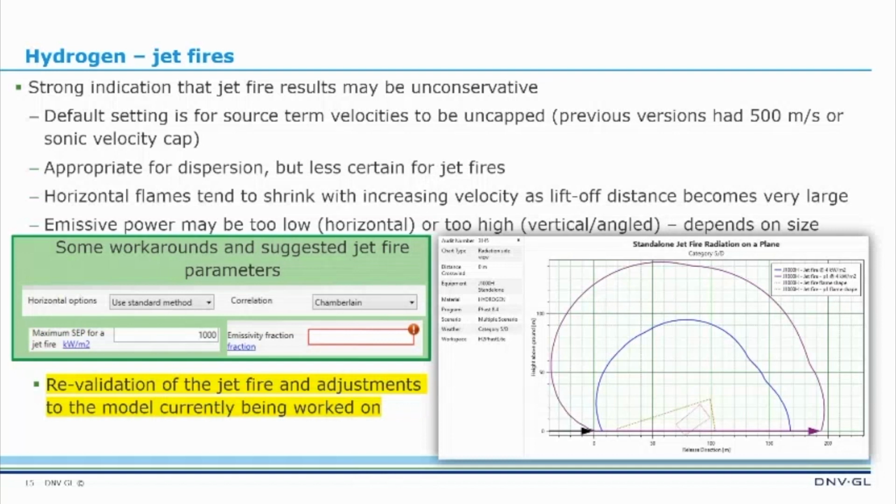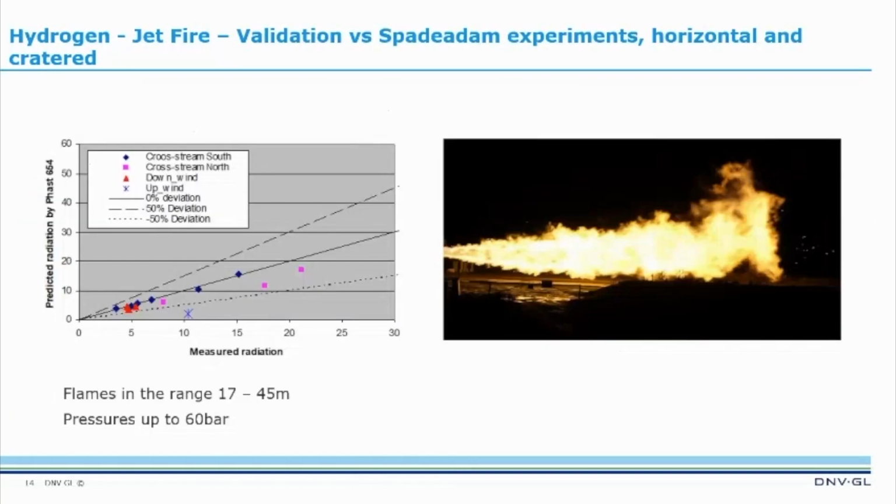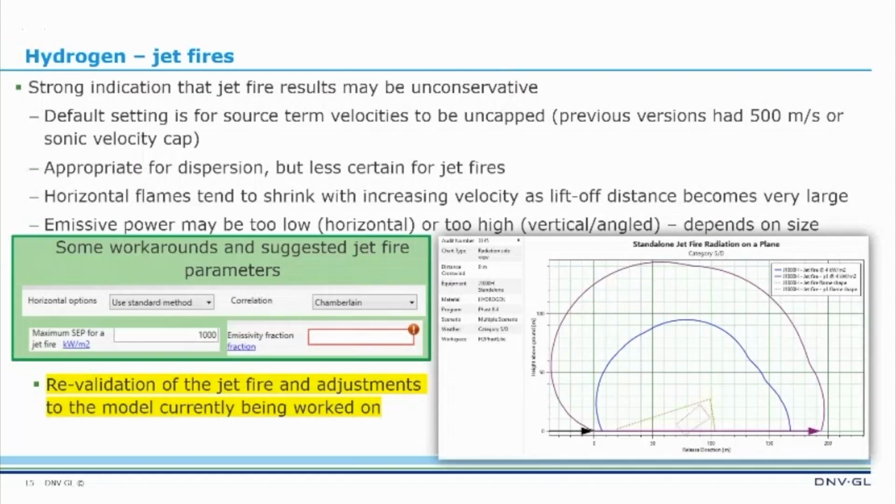So, the capping settings have changed over different versions of Phast. The early versions of Phast had 500 meters per second. Then we moved on to a sonic velocity cap, and now we're using uncapped. So for the experiment I just showed, velocities are of the order of 2,000 meters per second, which is above the sonic velocity of about 1,200 meters per second.